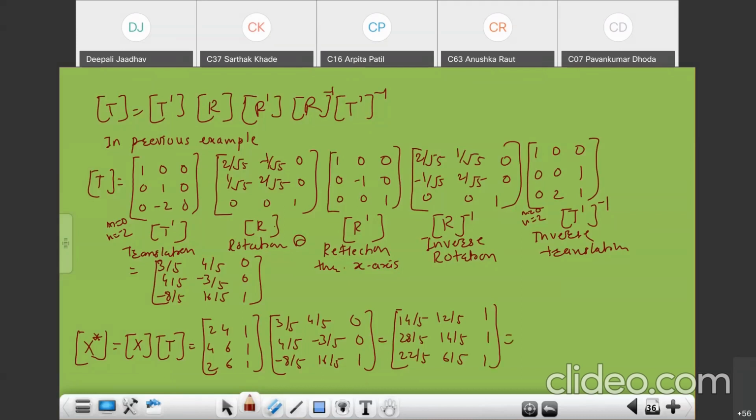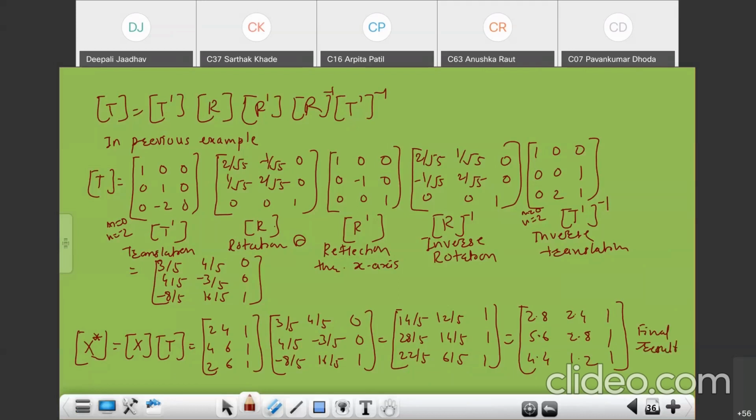Or if we simplify it and write it in decimal, it is 2.8, 2.4, 5.6, 2.8, 4.4, 1.2. That is our final result.